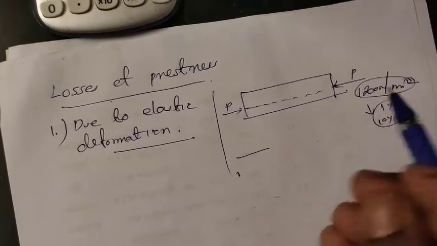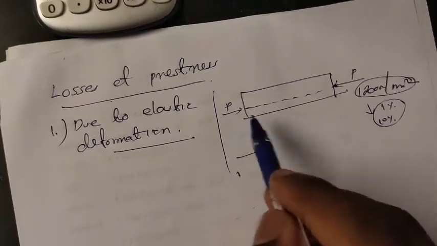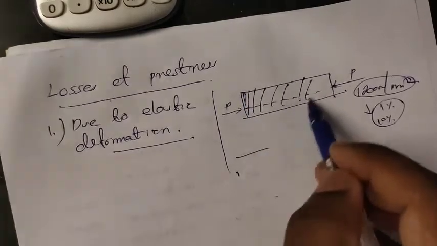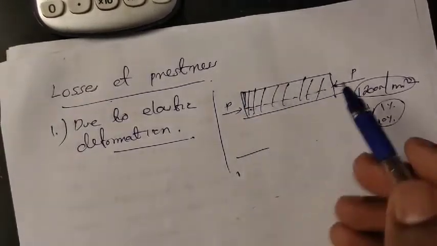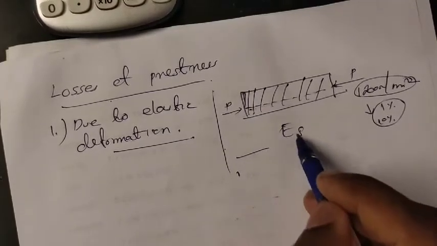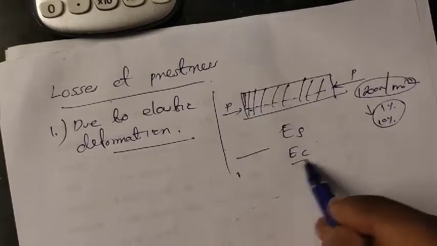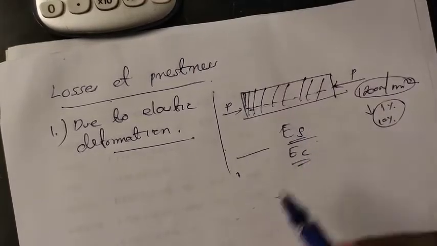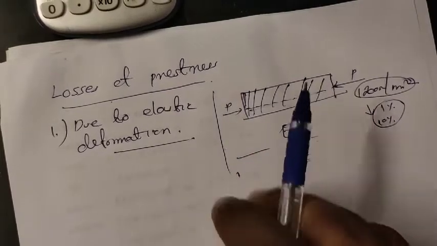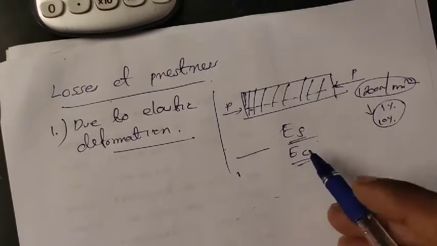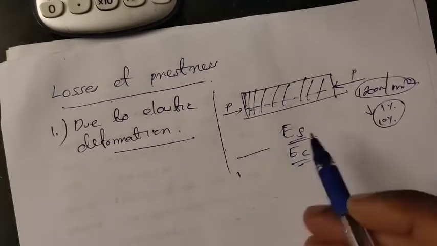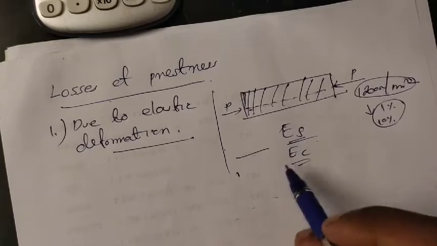A small amount of elastic deformation occurs. This is concrete and this wire is steel, so both have different elastic moduli, E. Steel has Es and concrete has Ec. Because of the different elastic moduli, the shrinkage values are also different. This difference leads to a loss of prestress.